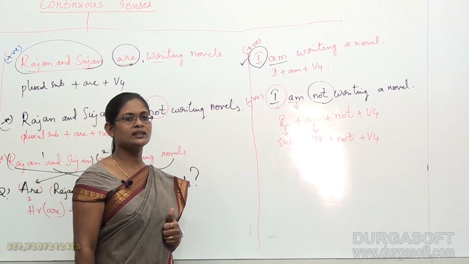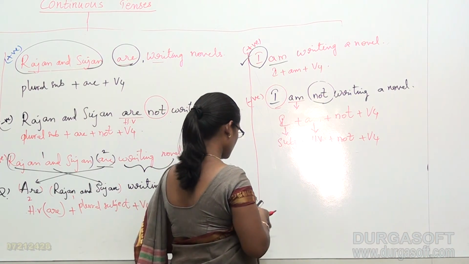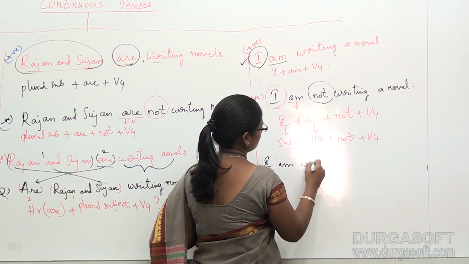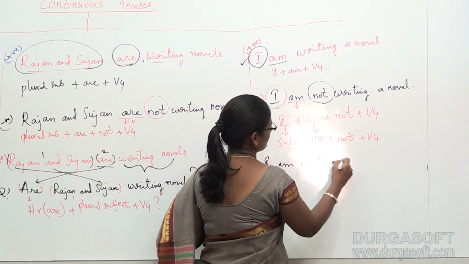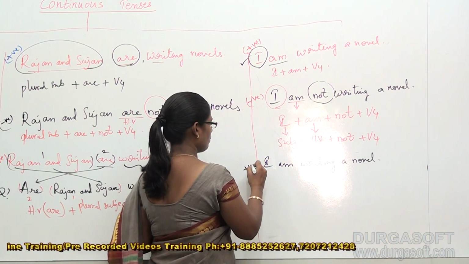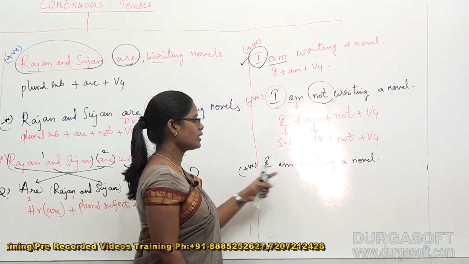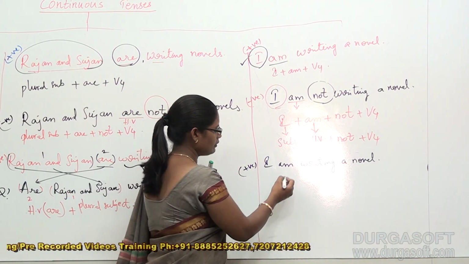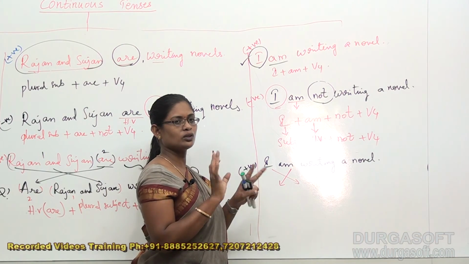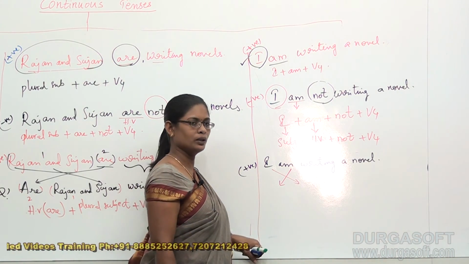To deal with questioning sentences, we would like to take this sentence once again. That's my subject. It is, I am writing a novel. I would like to take my positive sentence again. And very simple, when you take a positive sentence, the clue is just interchanging the places of the first two words.